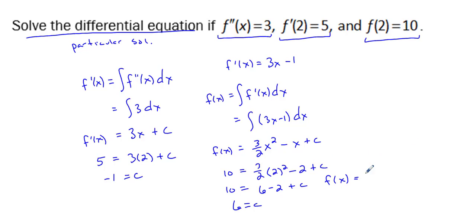That means our f of x is 3 over 2 x squared minus x plus 6. There we go. If you found this derivative, this is what you should get. If you found the derivative again, this is what you should get, right? Questions on this at all?